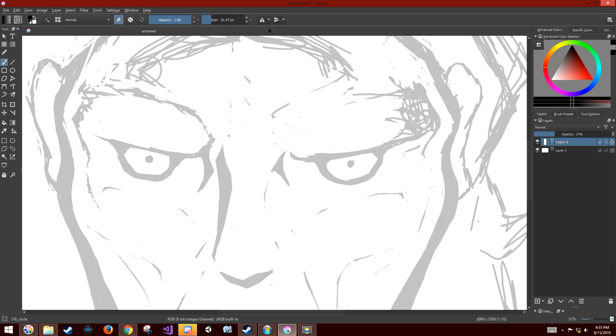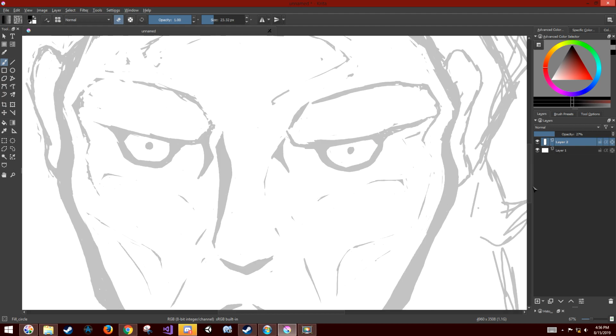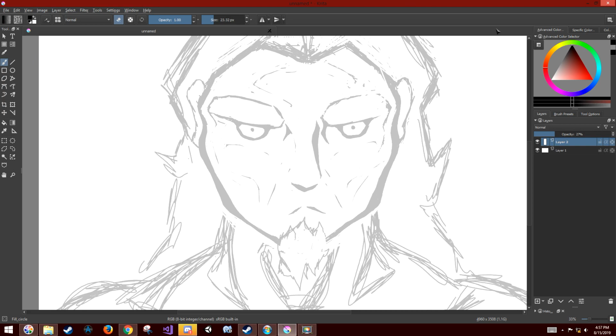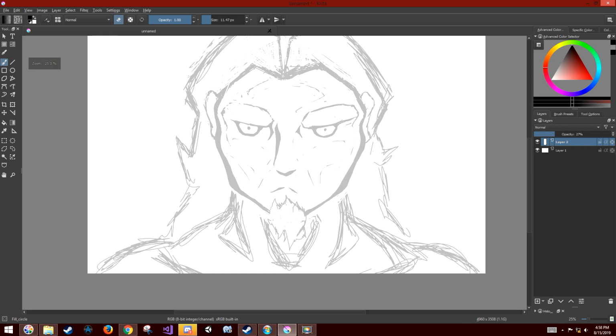I am just kind of eyeballing it in the example I'm putting on screen, so I don't get it quite right, and that's okay. It's not the best, but it's fine.